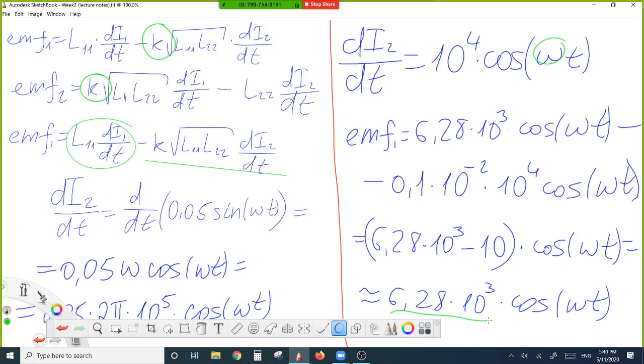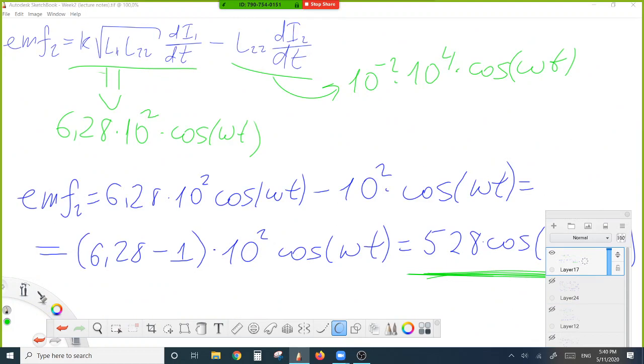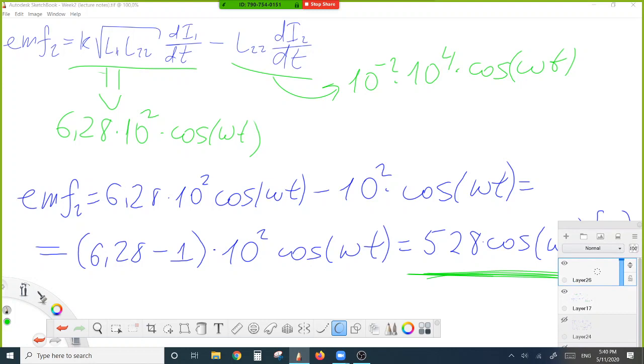And vice versa, the current in the secondary circuit affects a lot the electric motive force in the secondary circuit. In our case, it is affecting almost 20%. It is reducing the voltage in the secondary circuit by almost 20%.